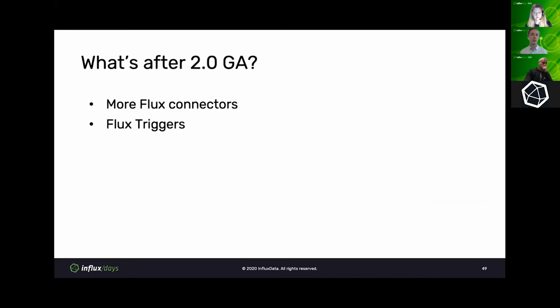Another thing I think is interesting is something that right now I'm calling Flux triggers, but the idea is basically being able to define a Flux script and telling the platform, execute this script when I write data into this bucket. You could filter basically on a measurement to do all sorts of other things.